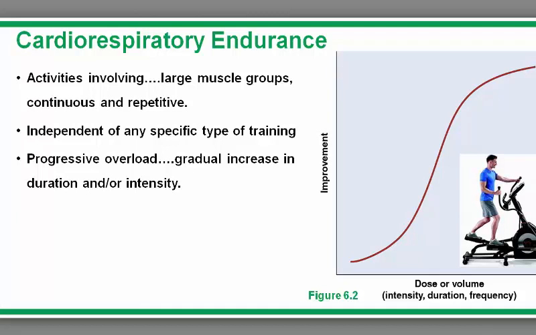But with respect to this mode of exercise, targeting the cardiorespiratory system, the progressive overload refers to a gradual increase in the duration of the task and/or the intensity of the task, not in one training session, but over a period of time. Usually with cardiorespiratory endurance, we're looking at a matter of weeks to months to see that level of progressive improvement.